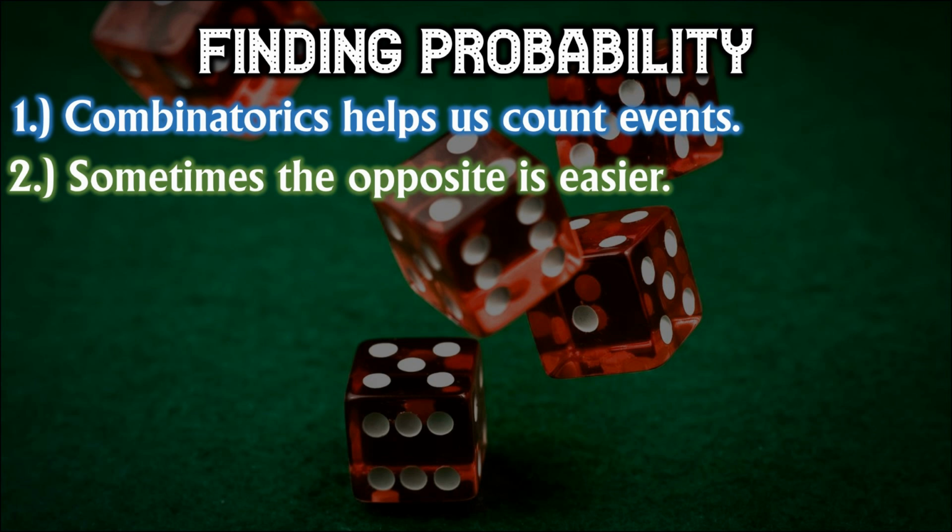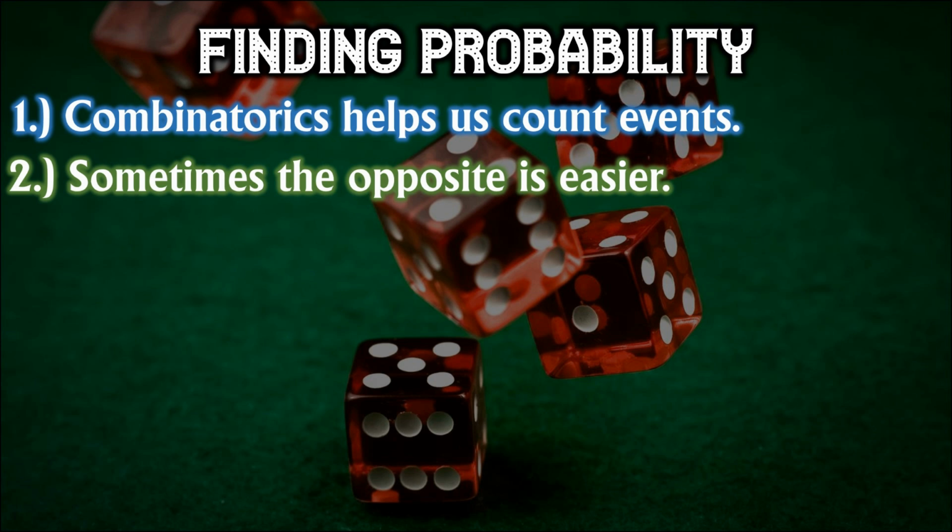We know that either an event happens or it doesn't, right? And so the sum of those 2 probabilities has to add up to 100%. So if I'm having difficulty finding the probability of an event E, I can find the probability of its opposite, the complement, E complement, and then I can just subtract that from 100.